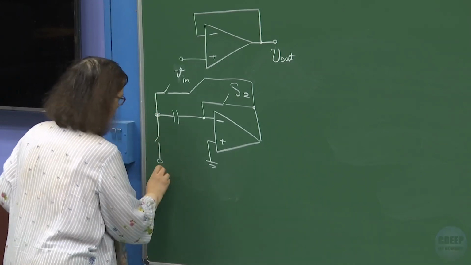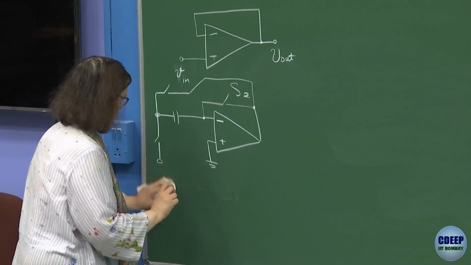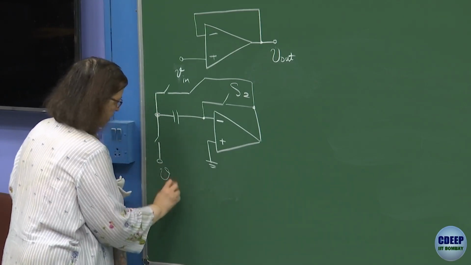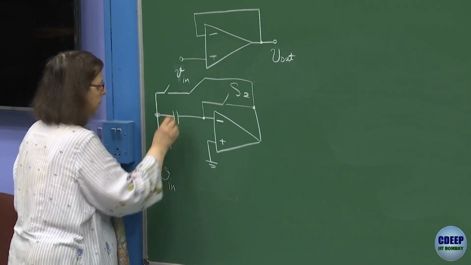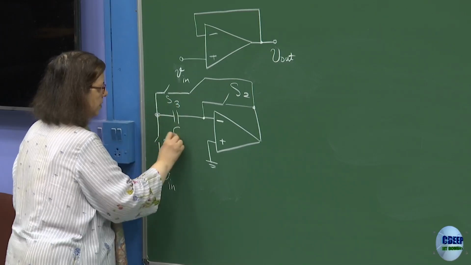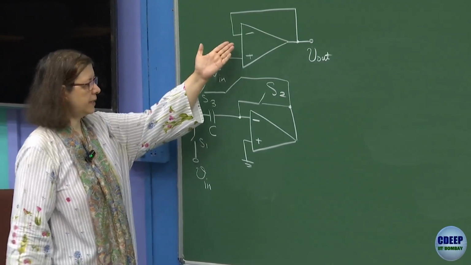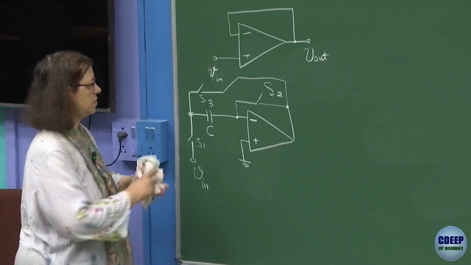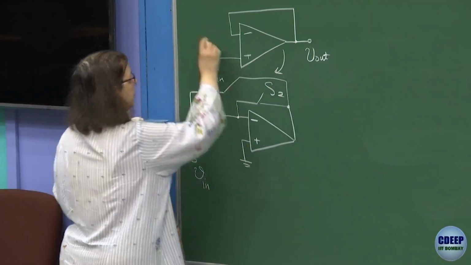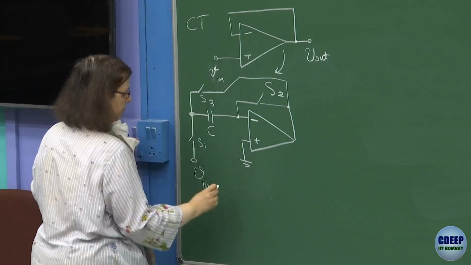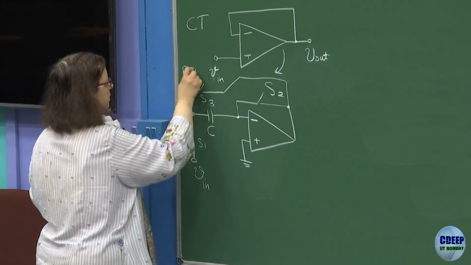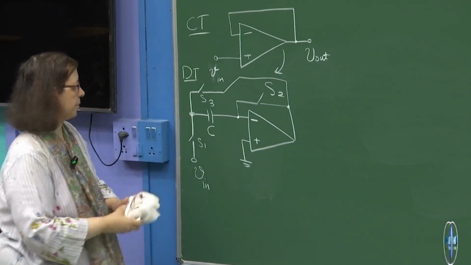I show it this way because I just want to keep small space here. So S1, S3, and this is capacitor C. So eventually it was just converting that continuous time to discrete time. This is continuous time converted to discrete time, right?